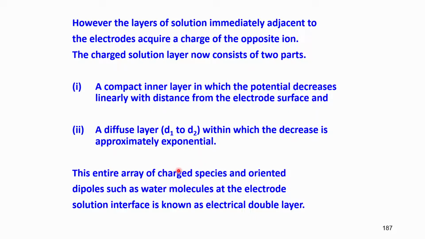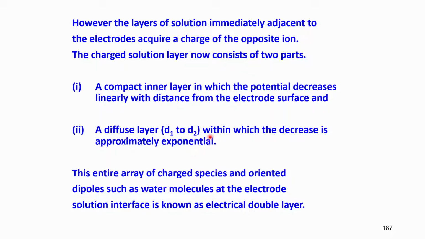This entire array of charged species and oriented dipoles such as water molecules, I have shown you that figure earlier. I drew it with a red ink. At the electrode solution interface, this is known as the electrical double layer, a very important concept in all electrochemical technologies, scientists.